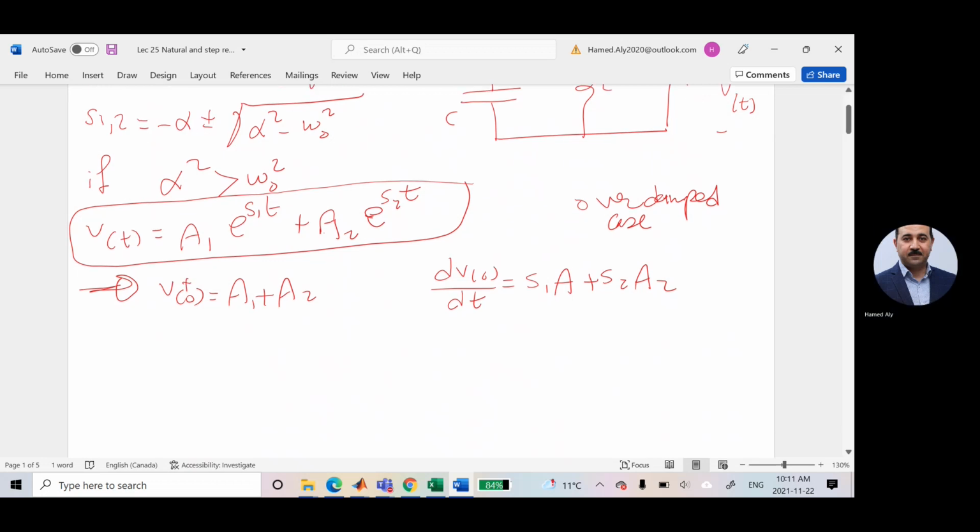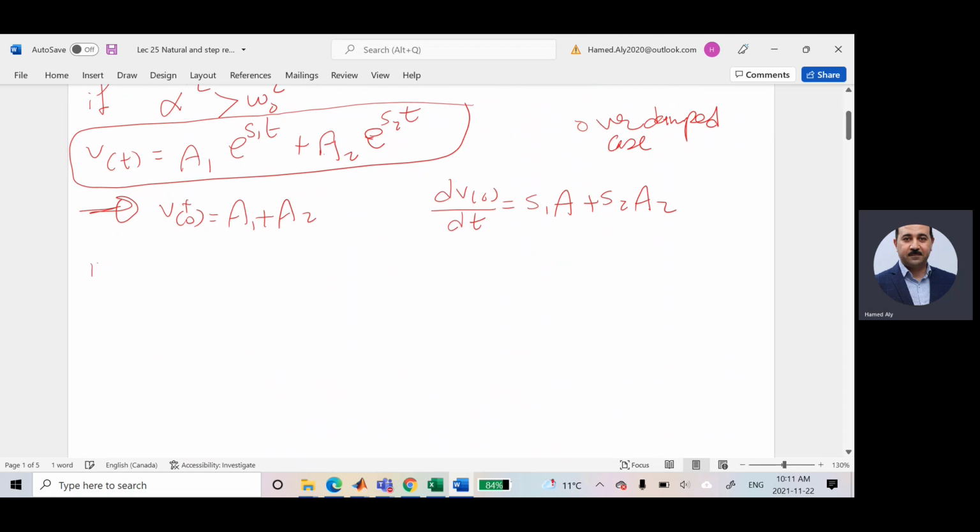Now, if alpha squared is less than omega O squared, at that time this case is called the under-damped case.